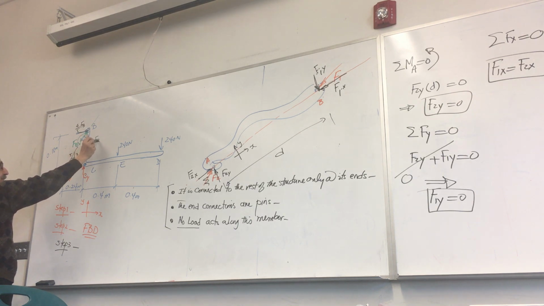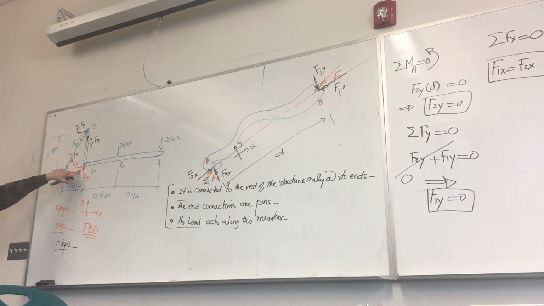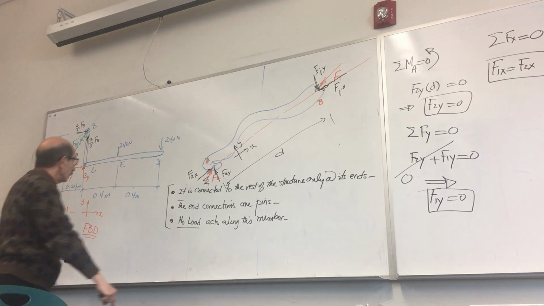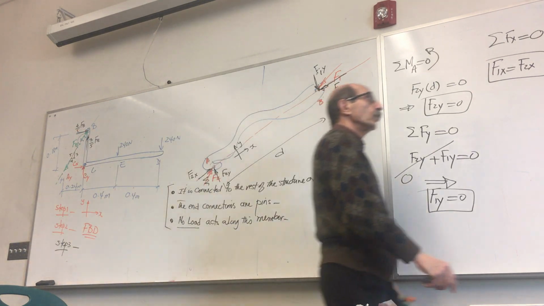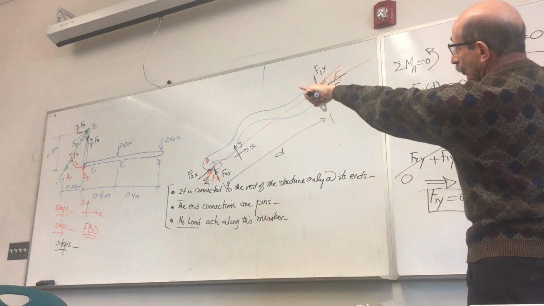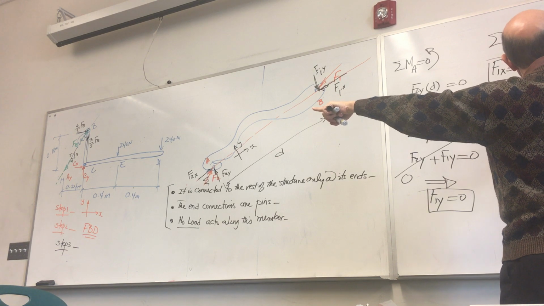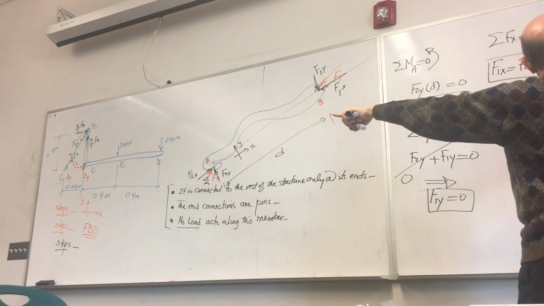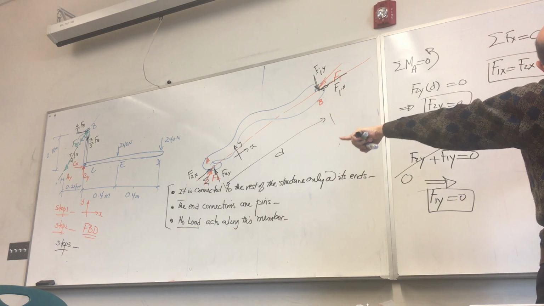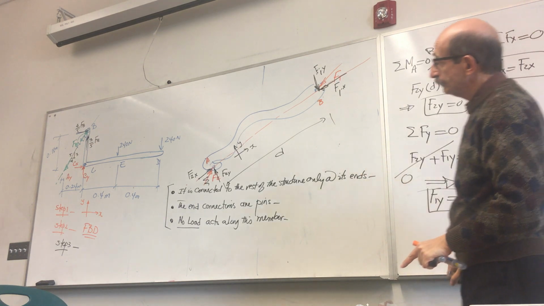So if I take summation of moment about point C, this goes through that point, doesn't generate a moment. This will generate a clockwise moment that is negative, distance is 0.18. So you have 4/5 FB times 0.18. This is negative.